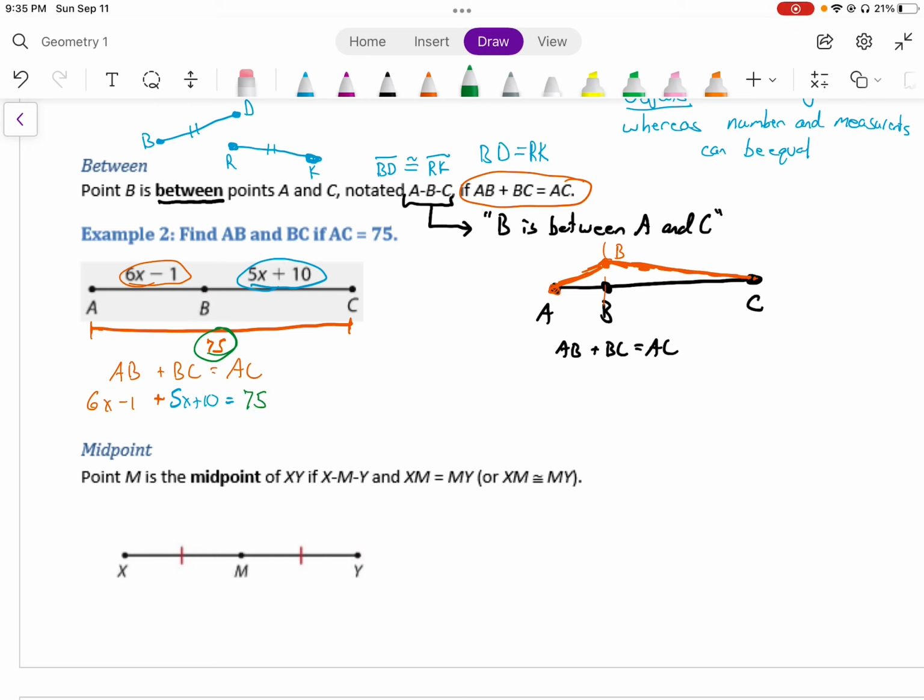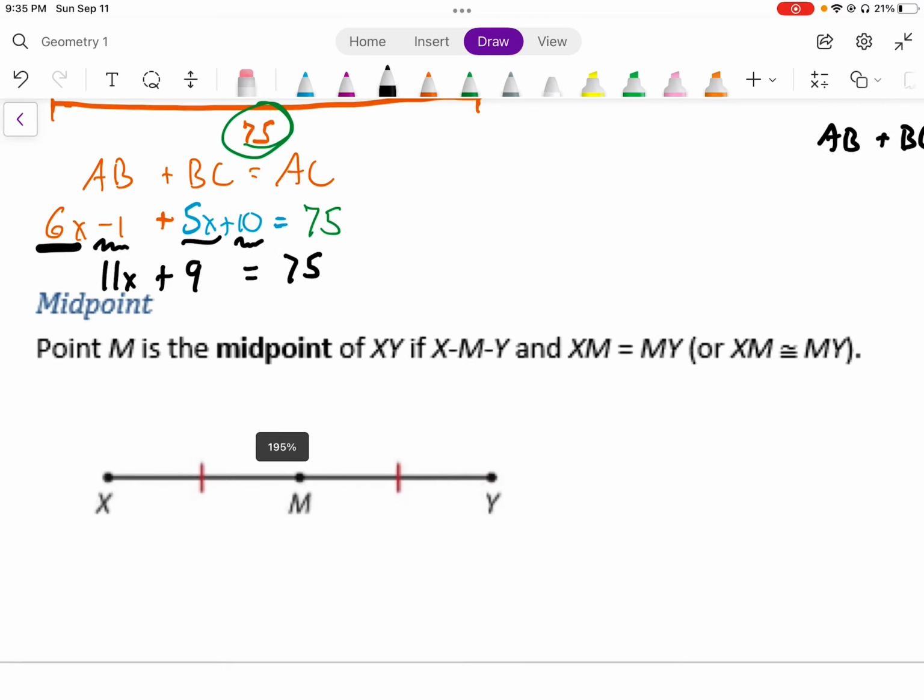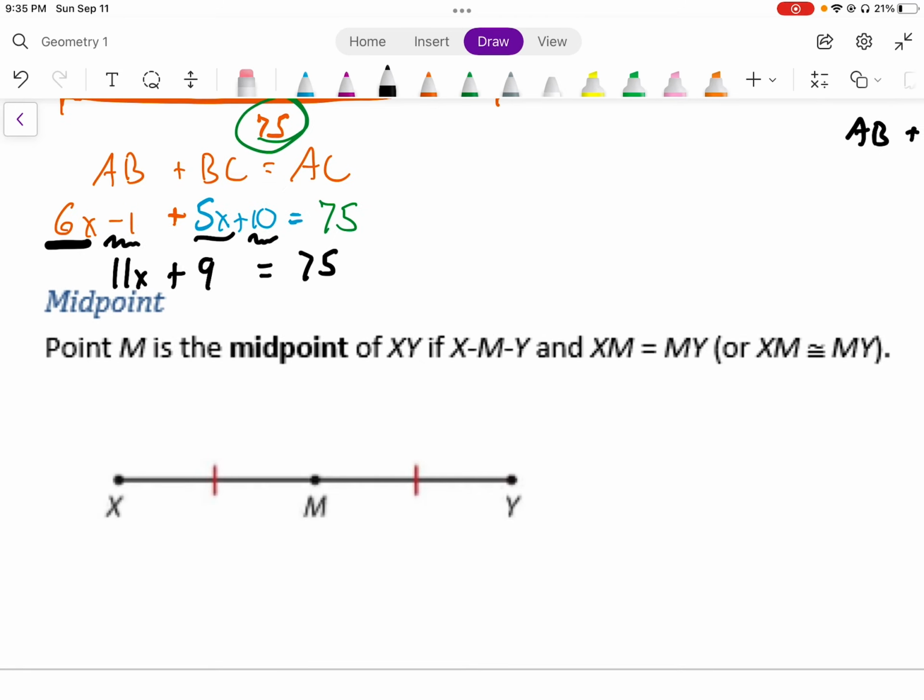And now we have an algebra question to solve. So we have some like terms. 5x plus 6x is 11x. Negative 1 plus 10 is 9. Equals 75. We're running low on room. I'm going to try to squeeze it in. I'll make it a little bigger for you.